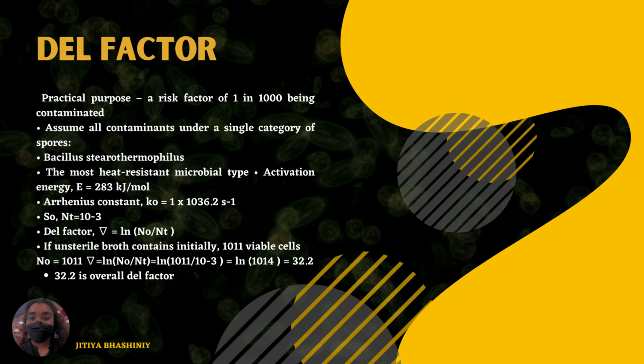Delta equals ln(N0/Nt), which can be substituted with N0 and Nt, giving ln(10^11 / 10^-3). This concludes into ln 10 to the power of 14, which gives a value of 32.2.